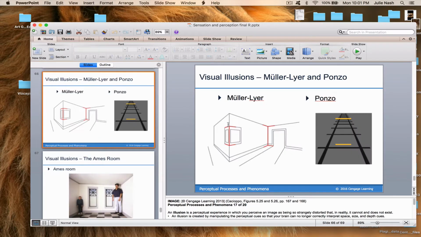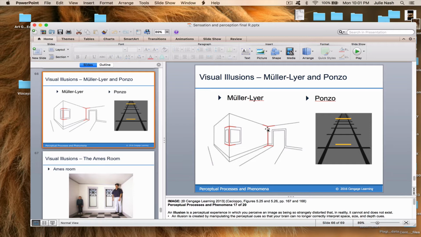Okay, these illusions illustrate to us that what falls on our brain is so different from what we actually interpret, right? So this line here is the same length as this line, but doesn't it almost feel impossible?